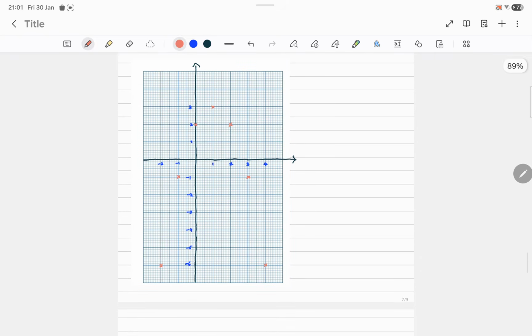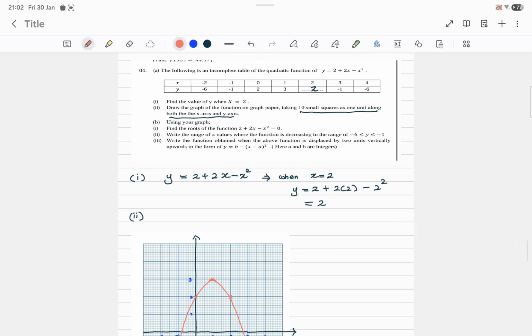Right, so then connect them. This is a parabola shape, so it should be symmetric. Try to draw it as symmetric as possible. So this is the graph for part 2.